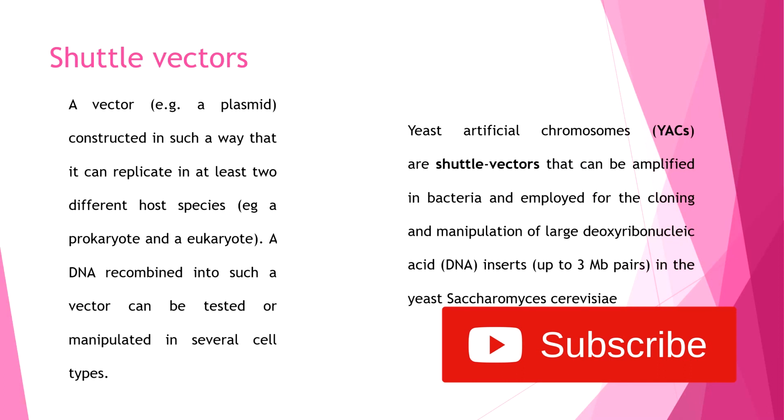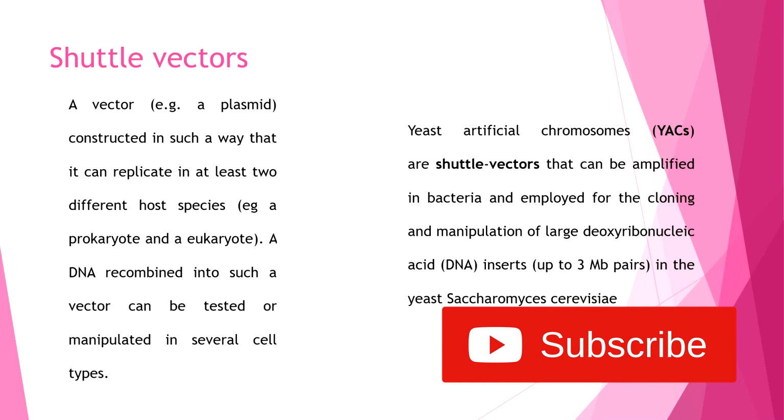And another category of vectors is the shuttle vectors. As the name indicates, they shuttle between two organisms. They can replicate in at least two different host species, most probably shuttling between a prokaryote and a eukaryote, so that the DNA recombined in that vector can be tested and manipulated in several cell types, no matter whether it is a prokaryote or eukaryote.